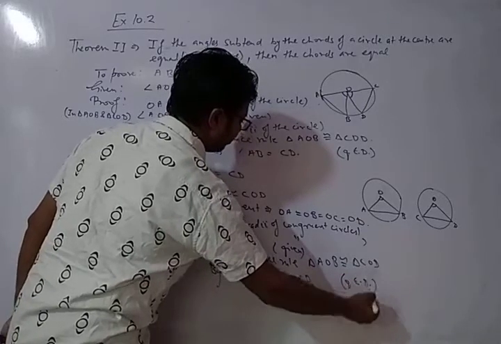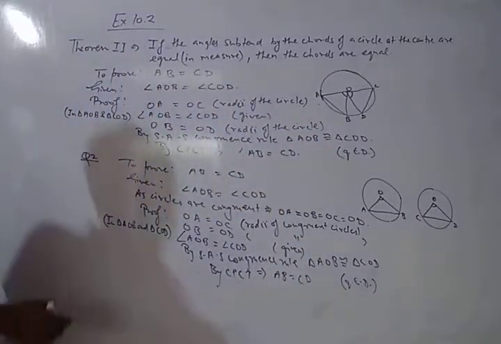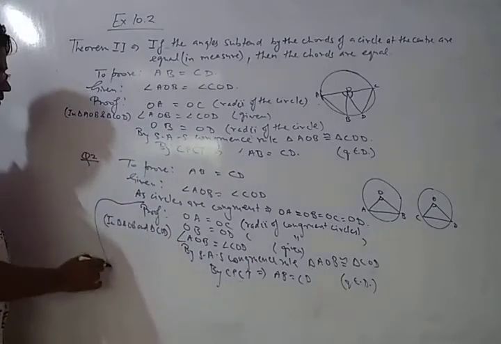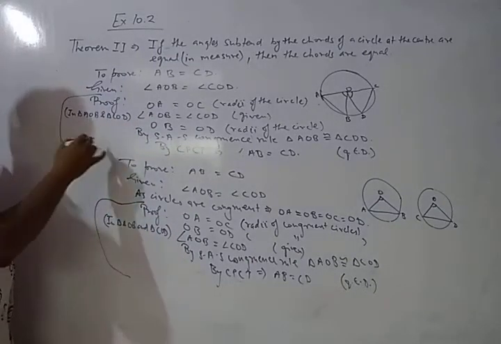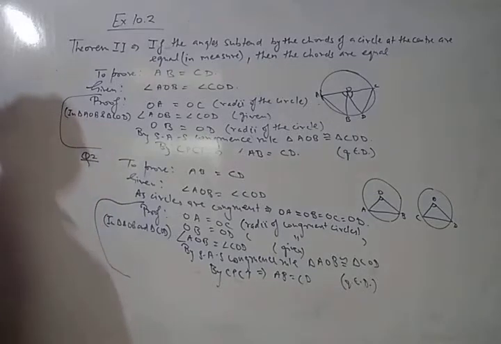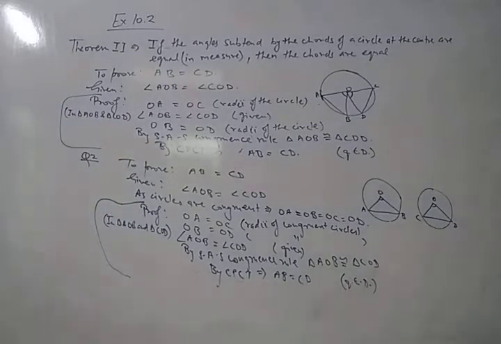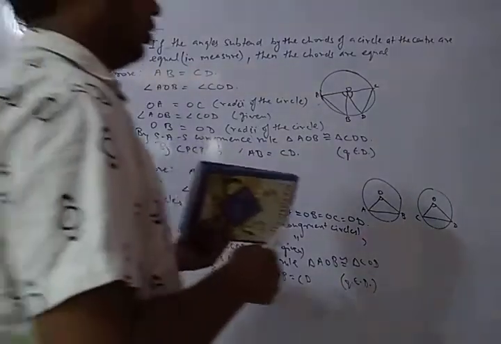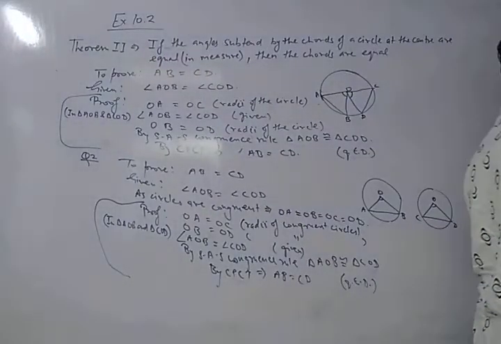The first part you will do yourself. In the first I did not do the proof, but as you have seen that the two are the same, you can do it yourself. Clear about it? That is only in exercise 10.2. Now we will see some questions or theorems based on exercise 10.3.